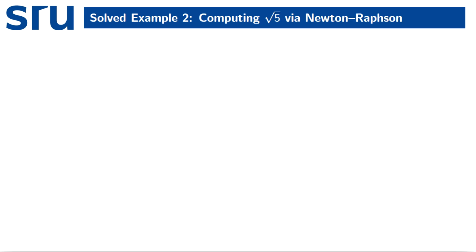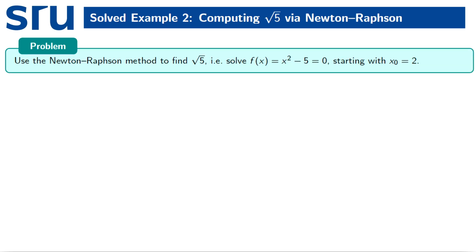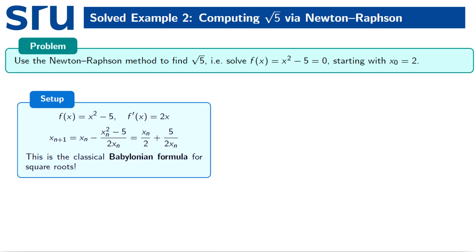Now let us take another very interesting example, finding the square root of a number using the Newton-Raphson method. In this problem, we are asked to compute root 5. Remember, the Newton-Raphson method works for equations of the form f of x equal to 0.